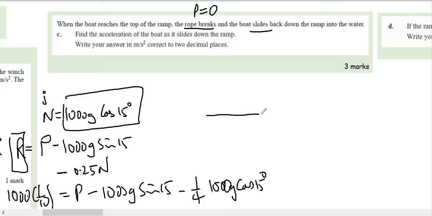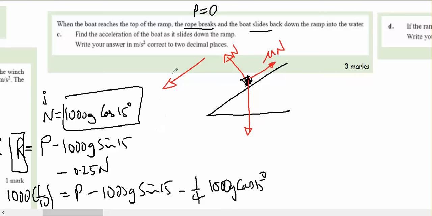Okay, so we now have our particle, we have a weight force, we have the normal reactive force, and now my friction is going in this direction because the object is now moving down, and we're asked to find acceleration.